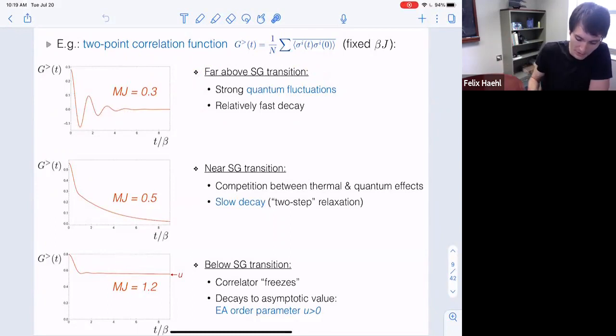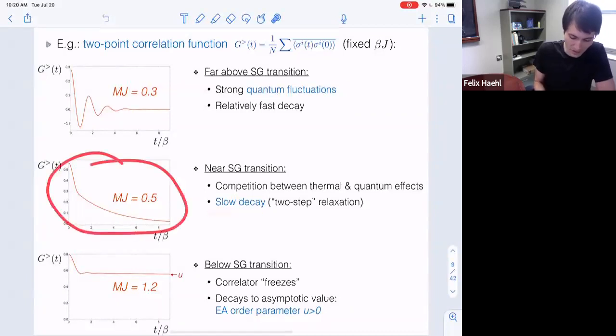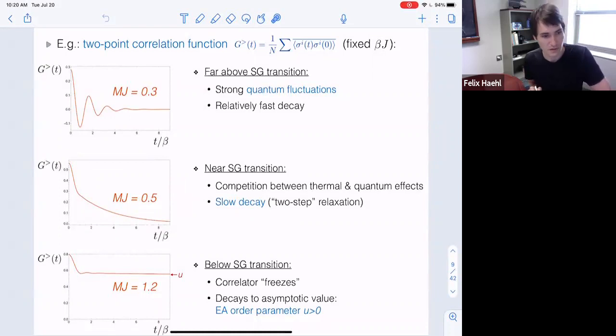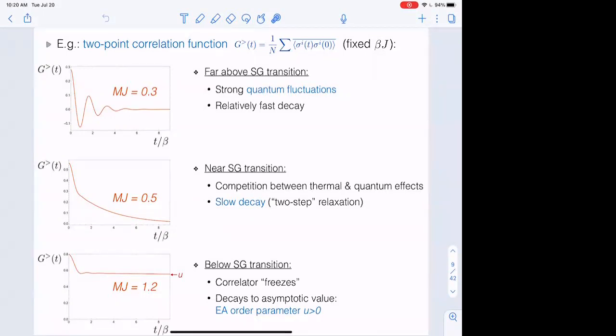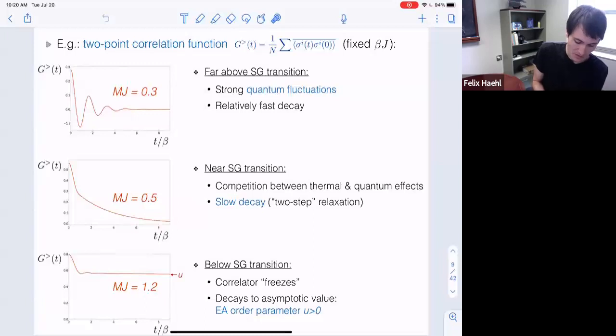Now as you approach this phase transition to the spin glass phase, the dynamics slows down. Here, this is the two-point function as a function of time. As we get close to the transition, you can see that these different effects compete, and the decay becomes much slower, and eventually it becomes infinitely slow.